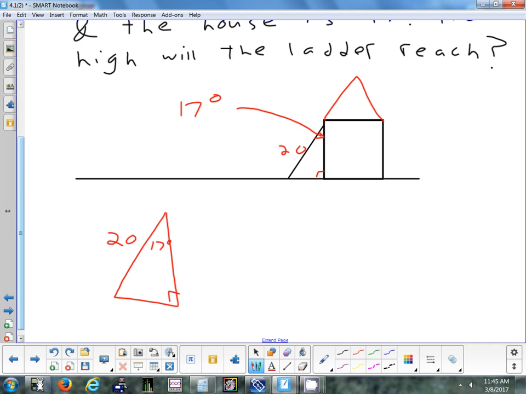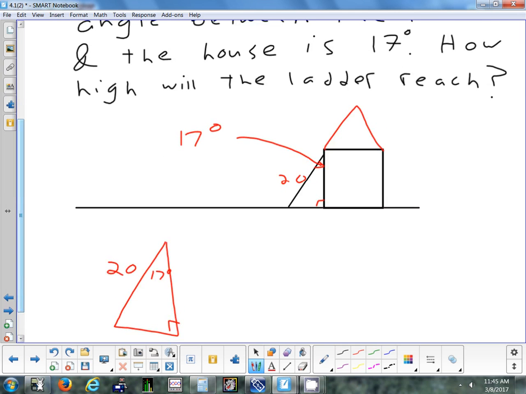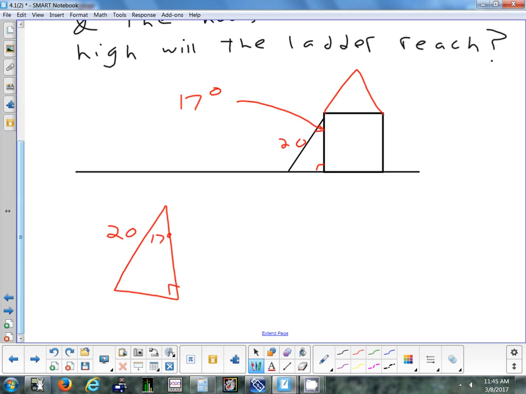And what is it that I want to know in this triangle? To find how high the ladder will reach. Gabe? You want to know one of the sides? Which side? The side that's the house. Yeah, I want to know the height. Okay, the vertical side of that triangle. So let's just call it X, or A, or B, whatever you want to call it.